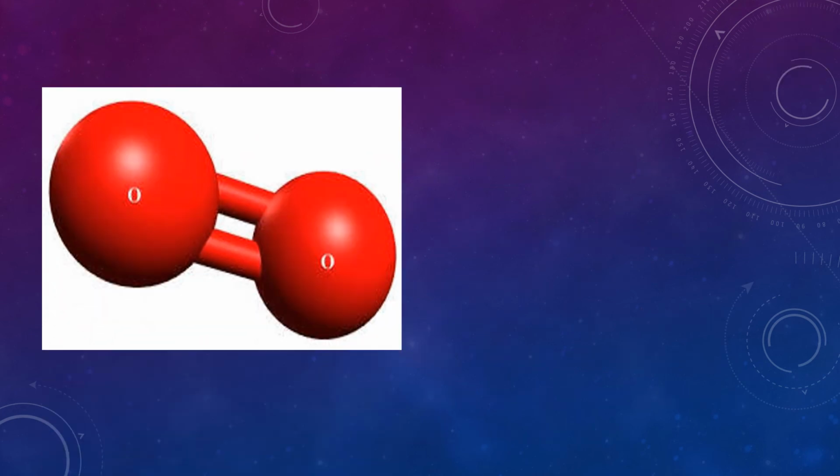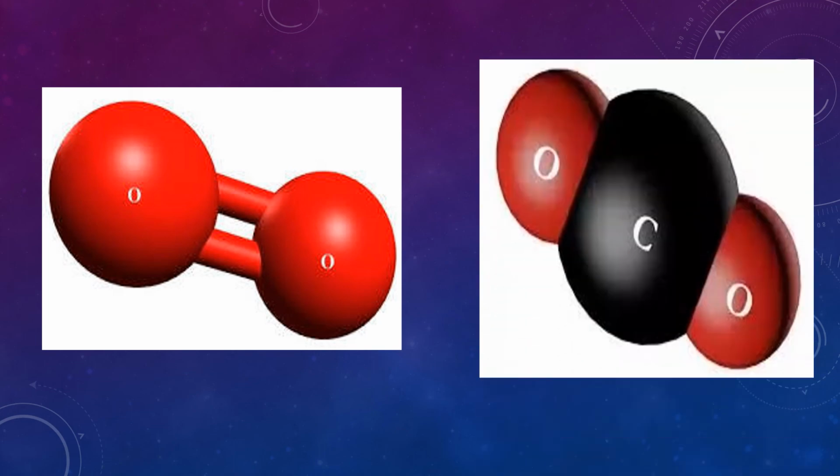Can anyone tell me whether this molecule is monoatomic or diatomic? How many atoms are there? This is an oxygen atom, this is an oxygen atom, chemically combined. So this is called a diatomic molecule. Now look at this one: carbon, oxygen, oxygen. It comes under carbon dioxide, CO2.